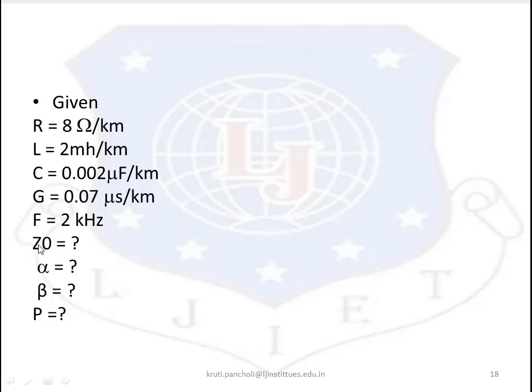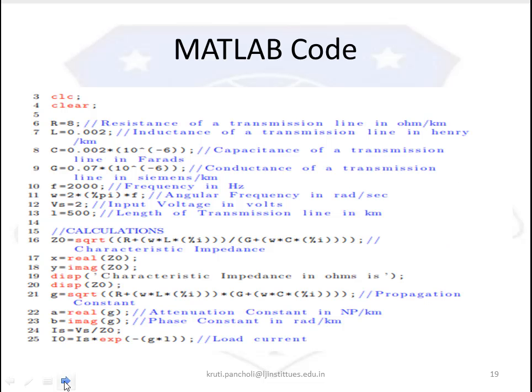You have to find the characteristic impedance, the attenuation constant alpha, the phase constant beta, and the power delivered to the load, P or PL. As we know, gamma is the propagation constant, equal to alpha plus j beta, where alpha is the attenuation constant and beta is the phase constant.